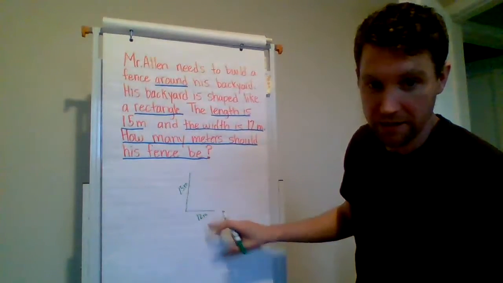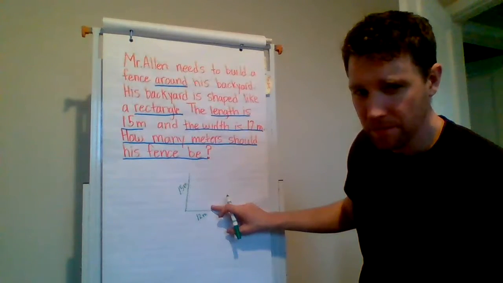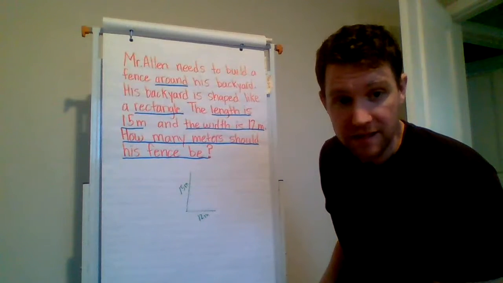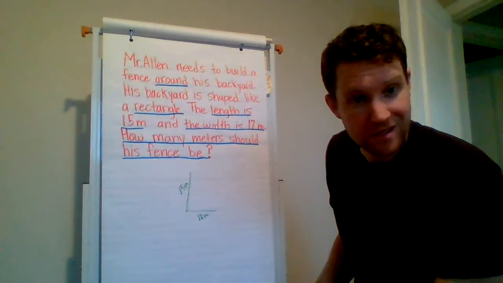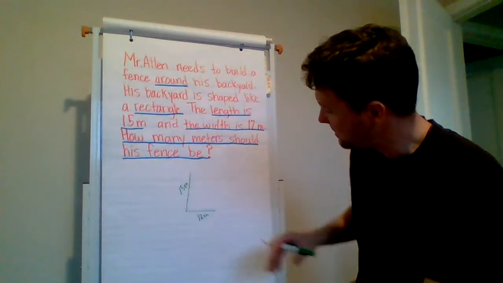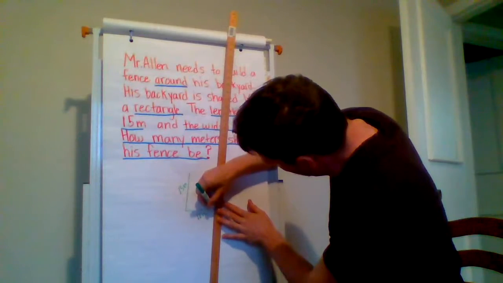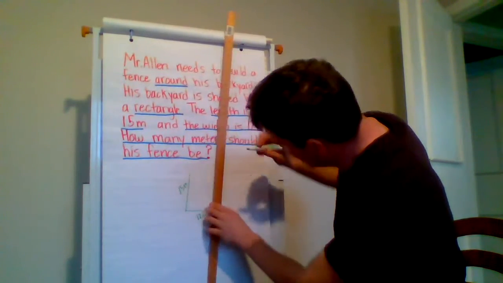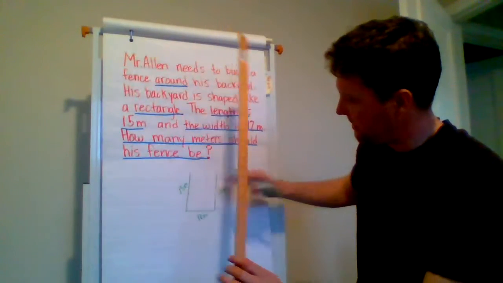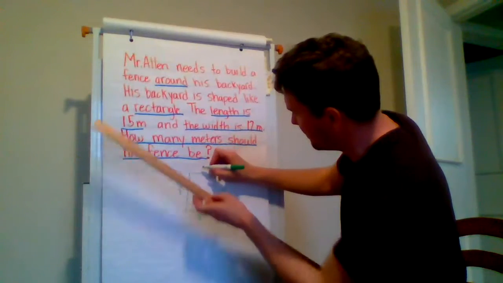My length and my width. They don't tell me what these sides are, but I can use these numbers to help me figure that out because it's a rectangle. These sides have to be the same, and so do these. So therefore I can finish drawing my diagram of the backyard, and I know this has to be 15, and this side here has to be the same as the bottom, and it's going to be 12 meters.